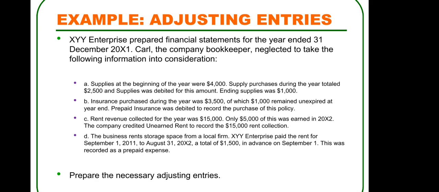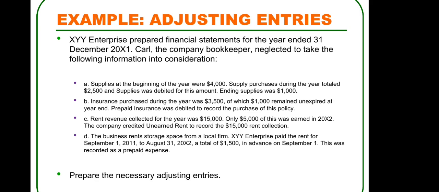So when the business received the 15,000 rent, the record is debit cash 15,000, because the business received the cash. And then the business has to record credit unearned rent 15,000.